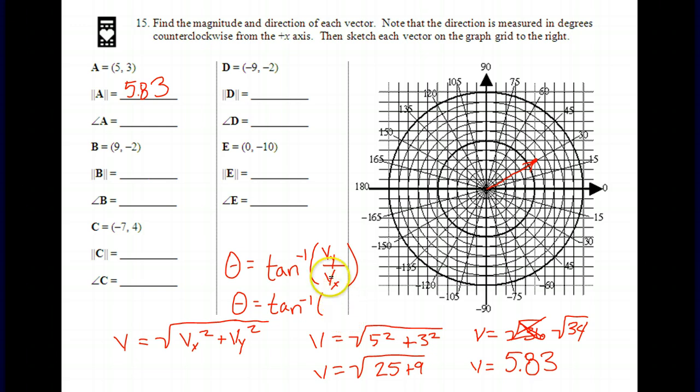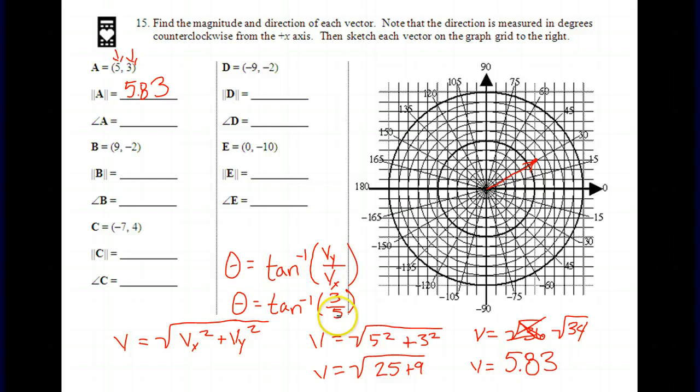So to figure out this angle, we need to take the inverse tangent of, and the y component they gave us was 3. So we'll plug in 3. And the x component they gave us was 5. So 3/5, or 0.2, so the 0.6, sorry. 3/5 would be 0.6. 1/5 is 0.2. 2/5 would be 0.4. 3/5 would be 0.6.